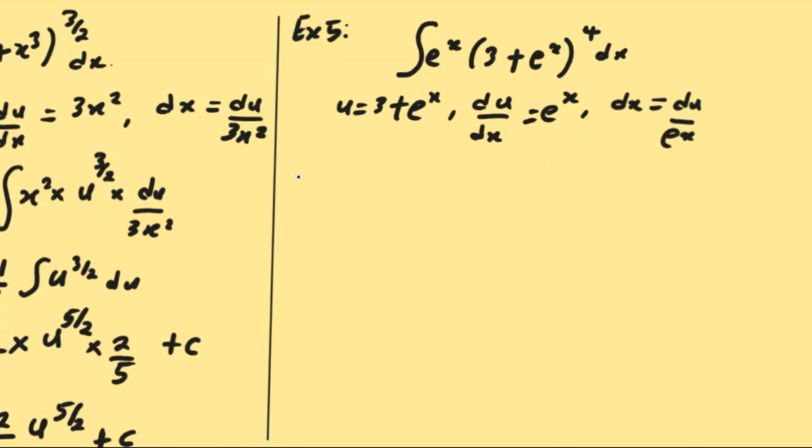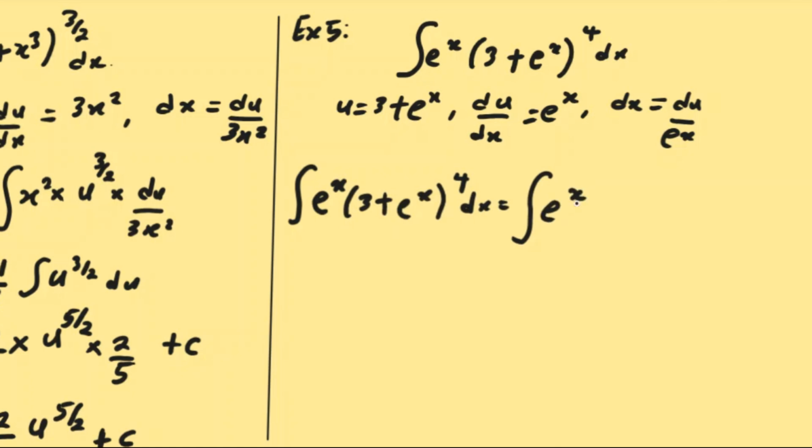So it therefore means that the integral of e raised to the power of x into 3 plus e raised to the power of x, raised to the power of 4, dx will give us the integral of e raised to the power of x times u raised to the power of 4 times dx, which is now du divided by e raised to the power x. So we cancel e raised to the power x. We are going to be left with the integral of u raised to the power 4 du.